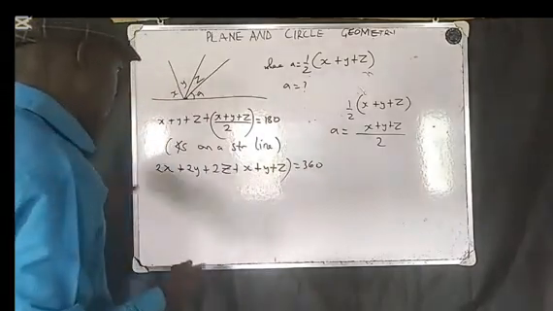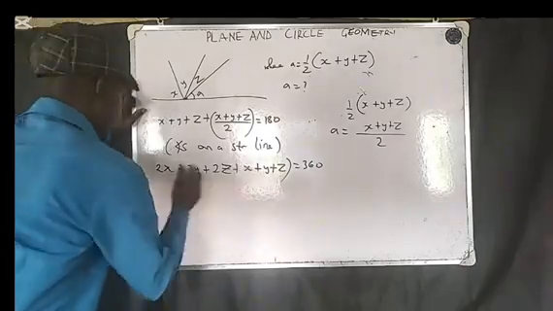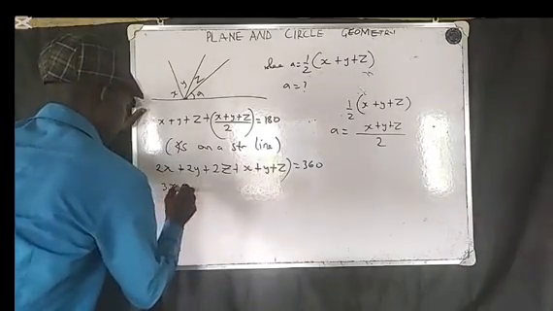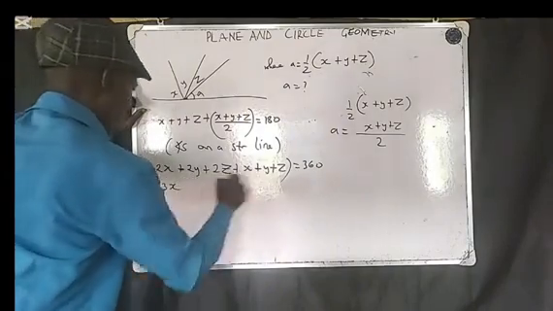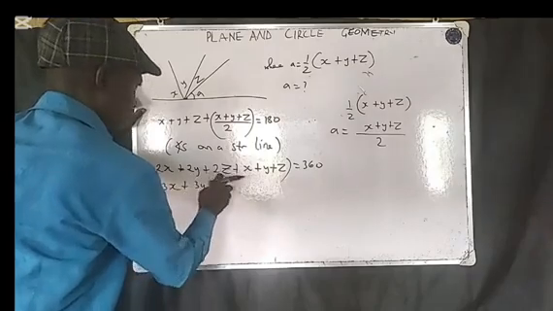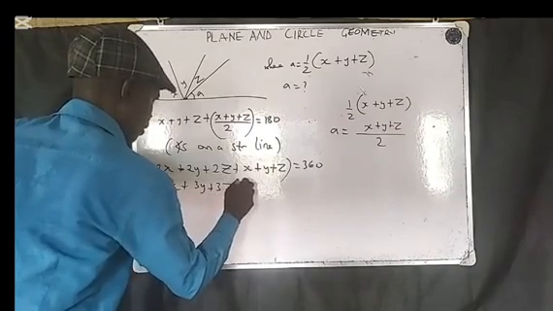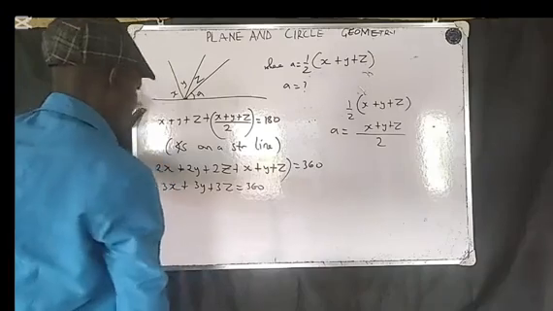So I can see 2x here plus this x will give me 3x. 2y plus this y will give me 3y. 2z plus this z will give me 3z equals 360.